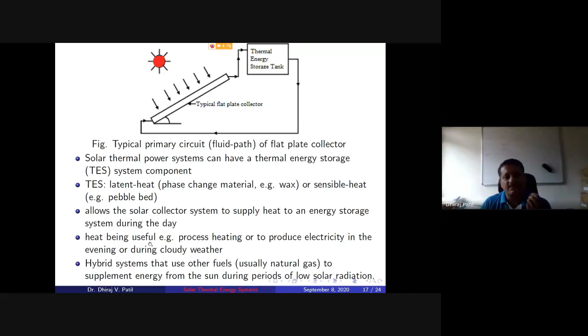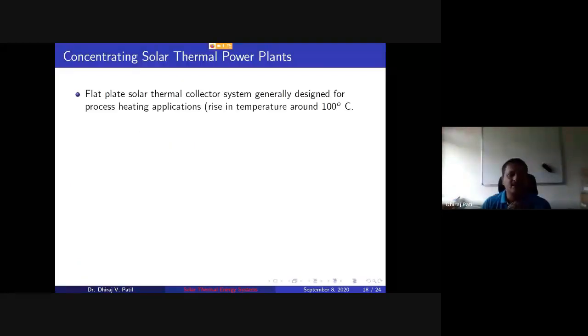There are also hybrid systems where, instead of energy storage, you can use another source, for example natural gas, to supplement the energy during periods of low solar radiation, so as to have continuous operation. So that was all about the flat plate collector. Briefly, we just touched upon it.